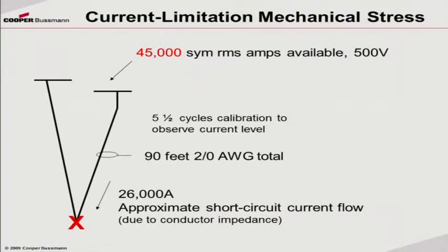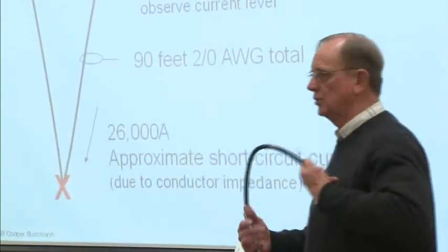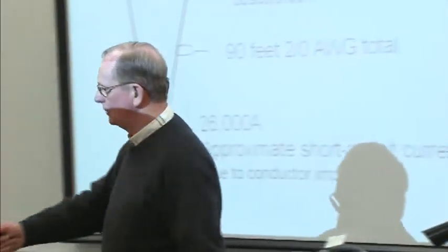Here we're looking at a situation where we're going to allow 5.5 cycles to flow through 90 feet of 2/0 conductor. Now, just so you can get an idea of what we're talking about, this is a 2/0 piece of wire. But that level of fault current, 45,000 amps, makes that look like a piece of spaghetti flipping around in the air.